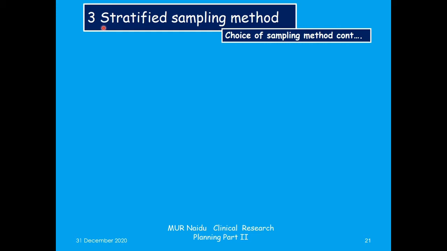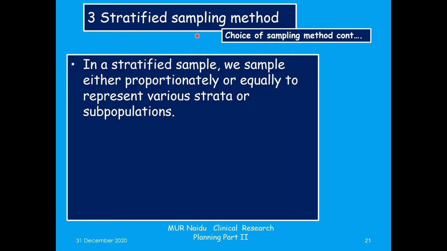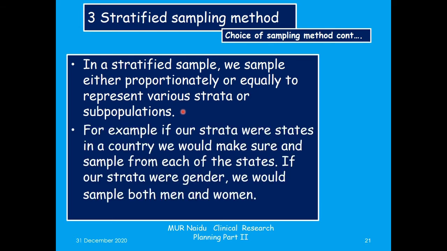Third, in the stratified sample method, we sample either proportionately or equally to represent various strata or subpopulations. For example, if our strata were the various states in the country, we would make sure that samples from each selected state are included in the trial.